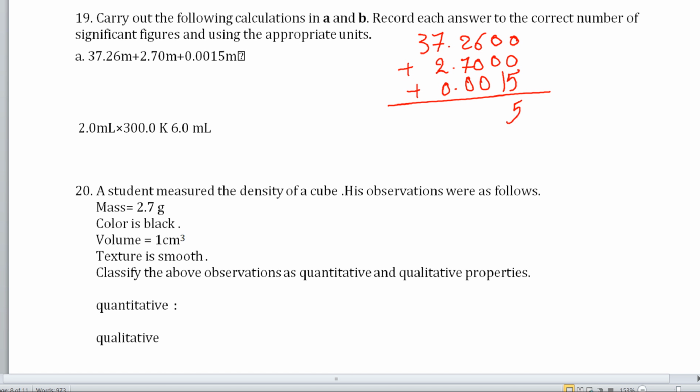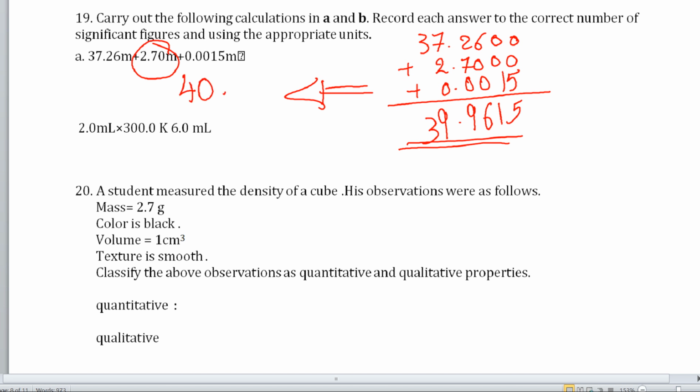Then you need to round your answer to the correct number of significant figures. If the smallest number is made of 3 significant figures, you need to round your answer to 3 significant figures. The answer here will be 40.